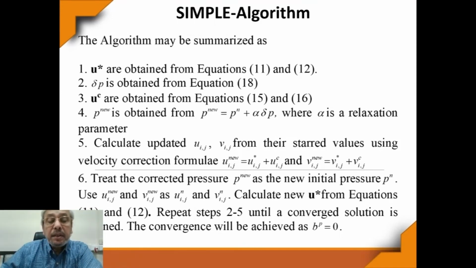Treat the corrected pressure P new as the new initial pressure Pn. Use Uij new and Vij new, which we have just updated, as Uij n and Vij n. Again calculate U star from 11 and 12. Repeat steps 1 to 5 until a converged solution is obtained. You get the converged solution when Bp equals 0.